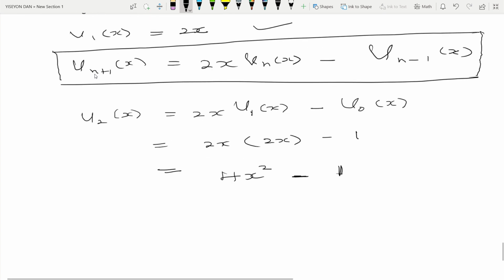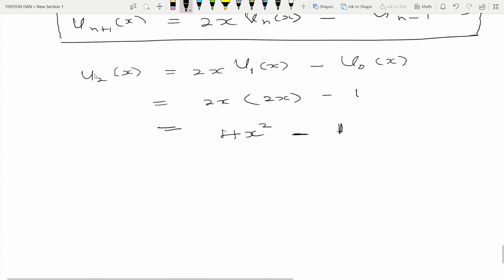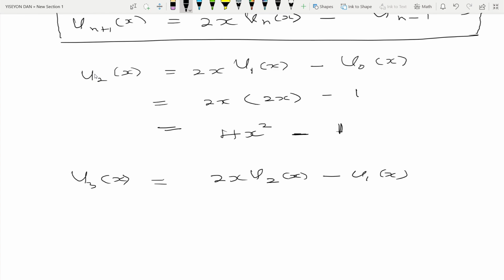So if it is U3, U3 of x is going to be 2x U2 of x minus U1 of x.